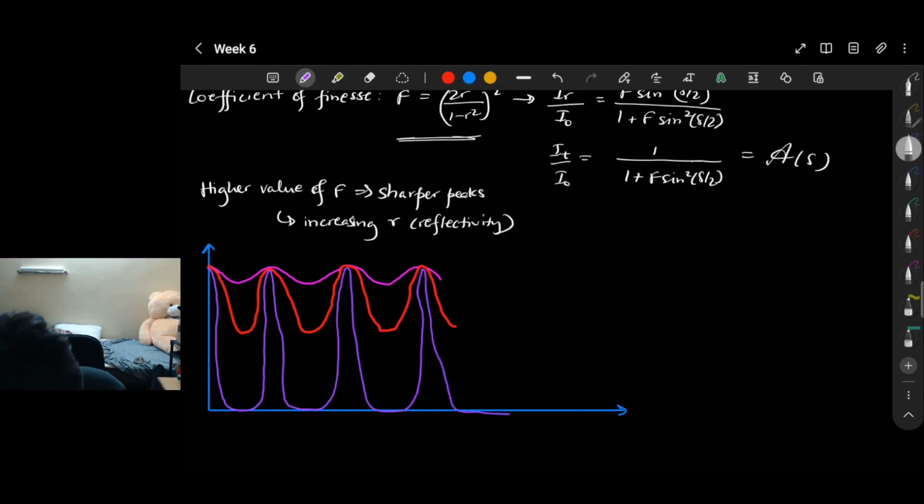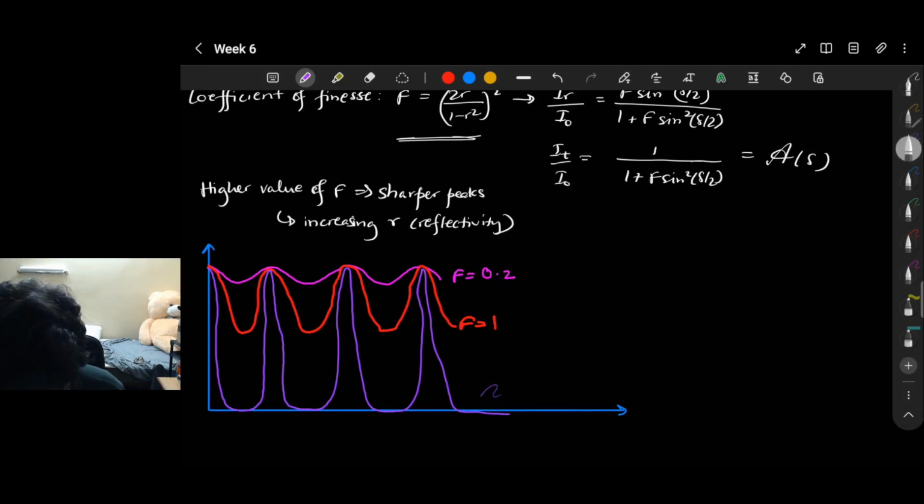Okay, this is probably the best that I can draw. Pardon me for my poor drawing. So this would be for, let's say, f equal to 1. This would be for, let's say, f equals, sorry, let's say this is 1. This is 0.2.